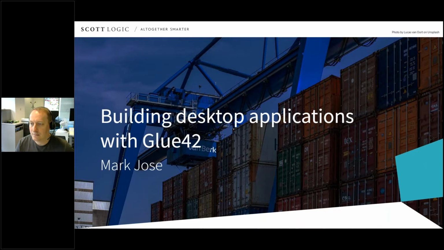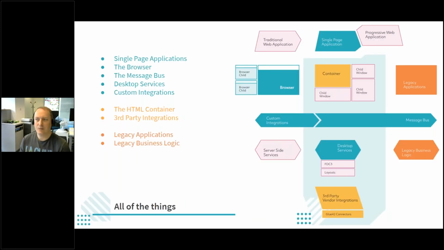Cool. So anybody who joined the previous webinar will have seen this picture. This is all of the things, in my opinion, that come into play when looking at applications on the desktop. The things in blue are the things I'm probably going to talk about at some point today. The things in yellow I'll possibly talk about today, and the things in orange are, as Colin alluded to, legacy applications.